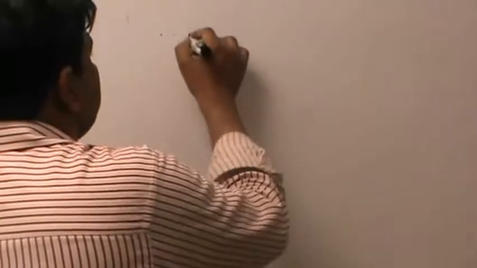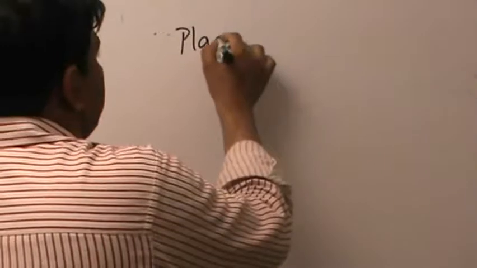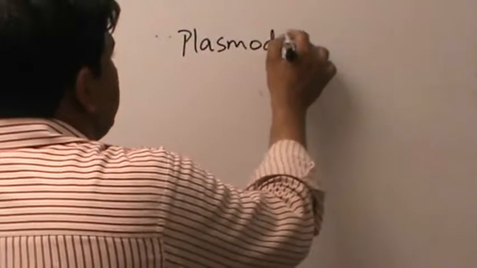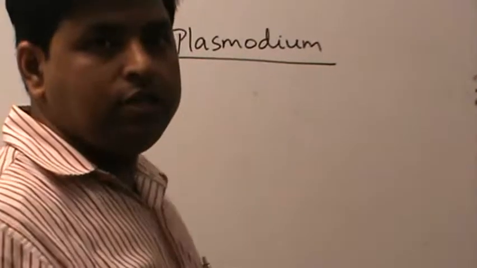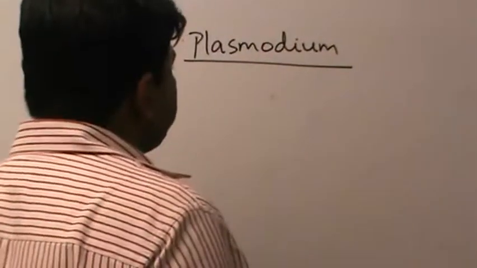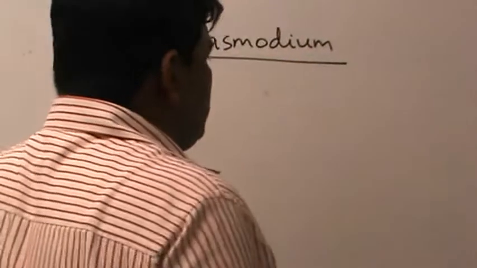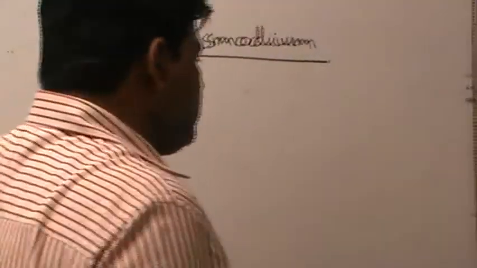Now after amoeba and Euglena, we are going to study a very notorious member of the protozoa, Plasmodium. This Plasmodium is notorious. Why is it notorious?